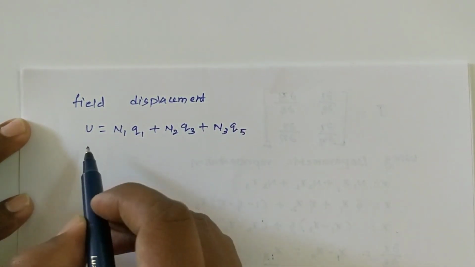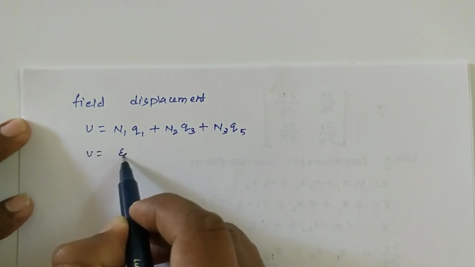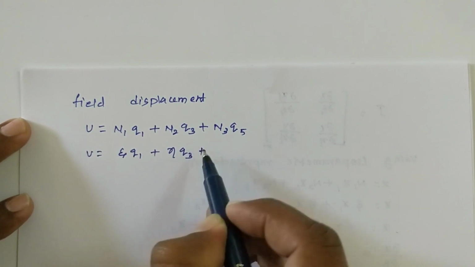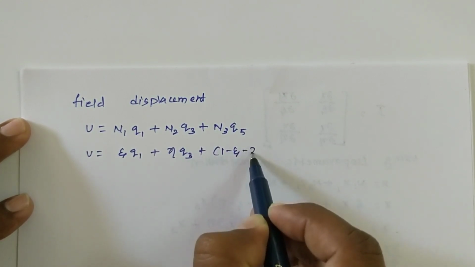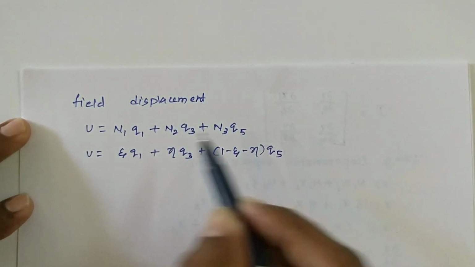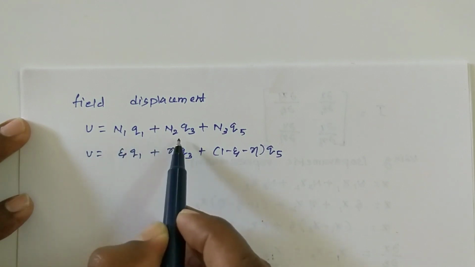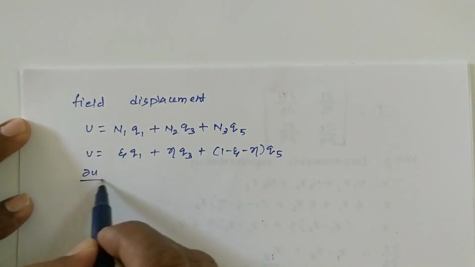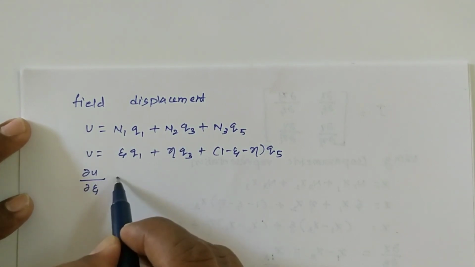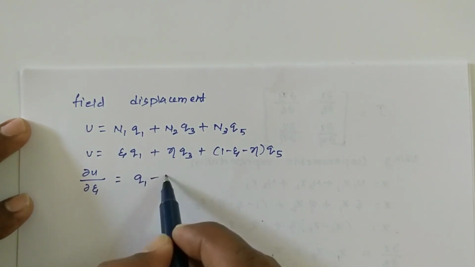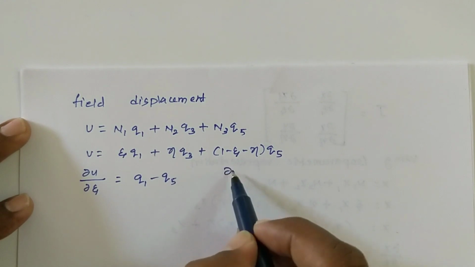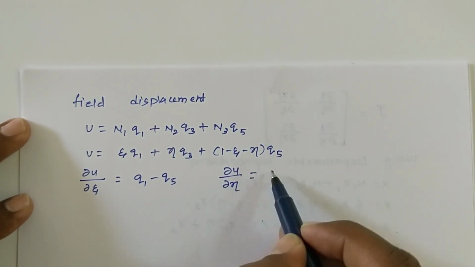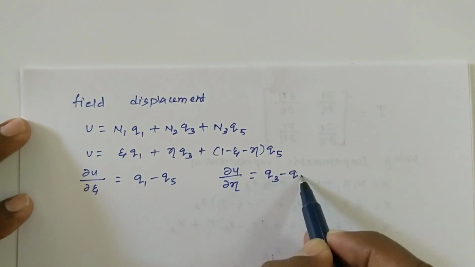So u can be written as zeta q1 plus eta q3 plus 1 minus zeta minus eta into q5, after substituting the shape functions N1, N2, N3. If you differentiate this with respect to zeta, ∂u/∂zeta will be q1 minus q5, and if you differentiate with respect to eta, we will have q3 minus q5.